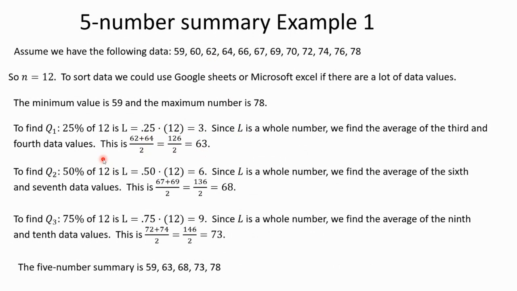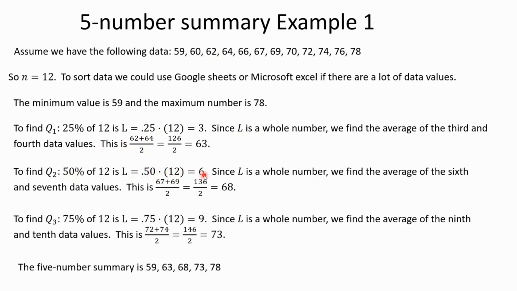For Q2, which is the median, you could do what we did earlier, but I'm going to stick with this process. So we have 50% of 12, where L is 0.50 times 12, and that's just 6. You could just do the calculation by multiplying.